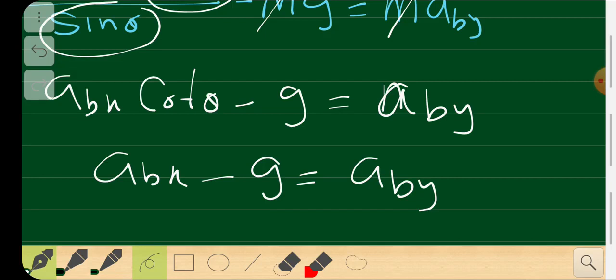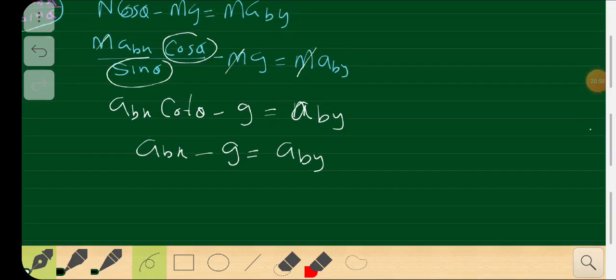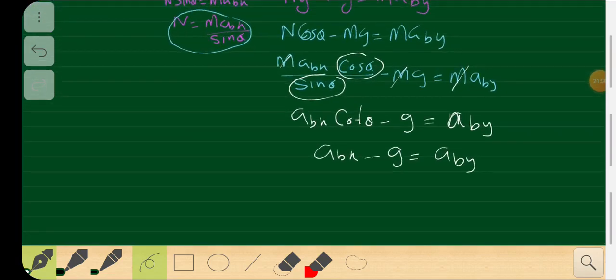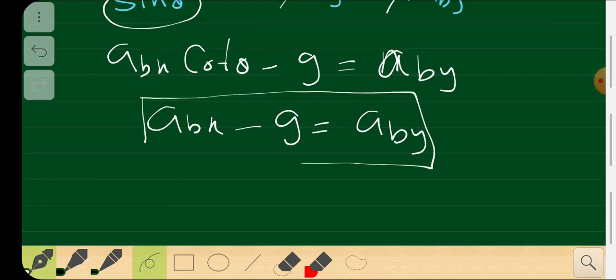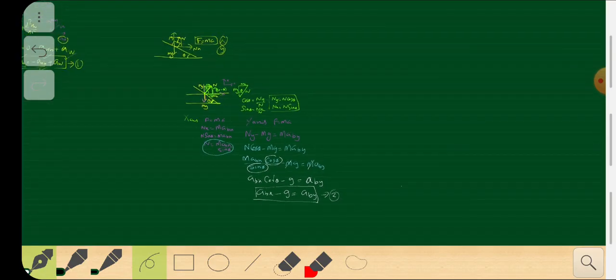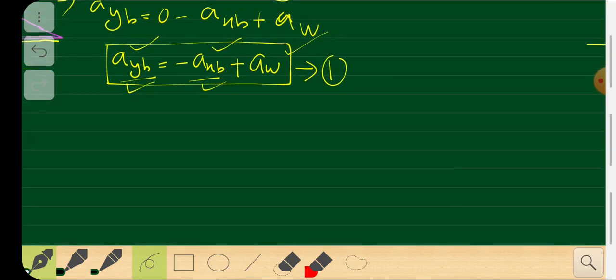Okay, so now what I can do is go back to equation 1. Let's call this equation 2. So I got two equations here connecting aby and abx. So this is equation 2, and go back to equation 1. Equation 1, I had ayb is equal to axb minus abx plus aw.